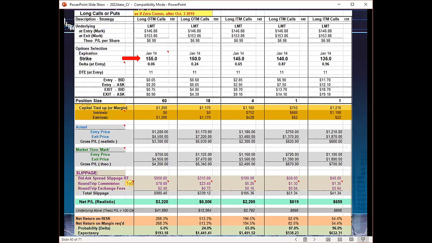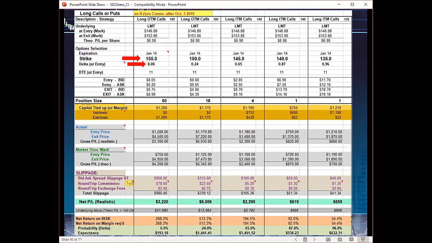We used a little bit out of the money calls, the 150 strike. We used a little bit in the money calls with the 145, the 140, and the 135. You see across the line at that red arrow there. So those are the 5 strikes we selected. And we're going to do the same trade with those 5 different contracts.